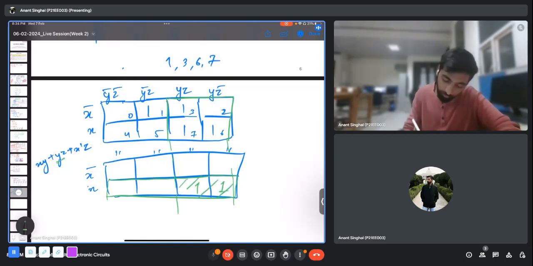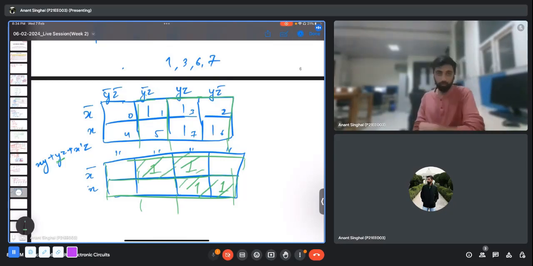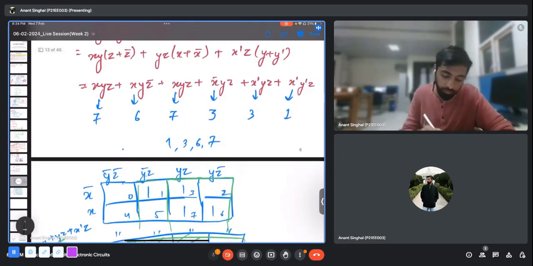Similarly for yz, I have y already intersected, and for z I have these two particular columns. So I only have this as an intersecting column for yz, and similarly for x complement z, I have an x like this, and z is these two. So this is how I can fill it using the shortcut itself. We don't need to convert it to a standard canonical form. That will make it easier.